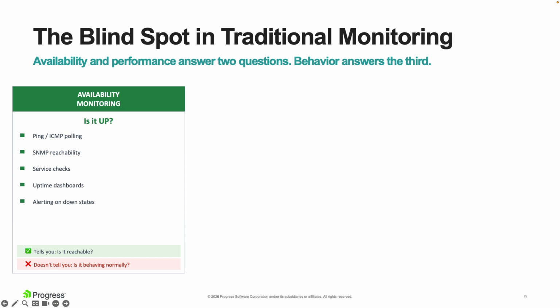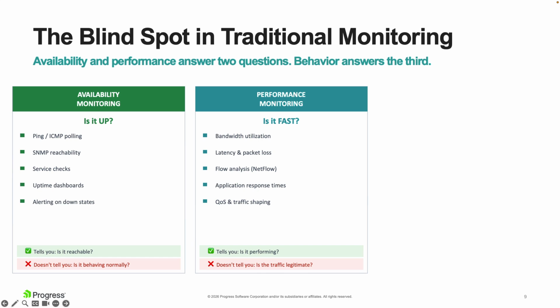Basically, it tells us if the network is reachable, if the server or the application is reachable, but it won't tell us if it's behaving normally. Then the second pillar, we've got performance. So how fast is the network performing? But again, it doesn't tell you if all the traffic is legitimate. So we can see the bandwidth, we can see packet loss, we can see application response.